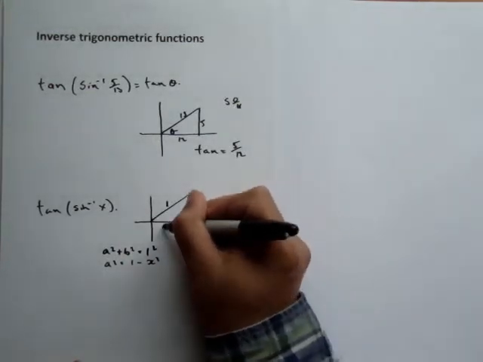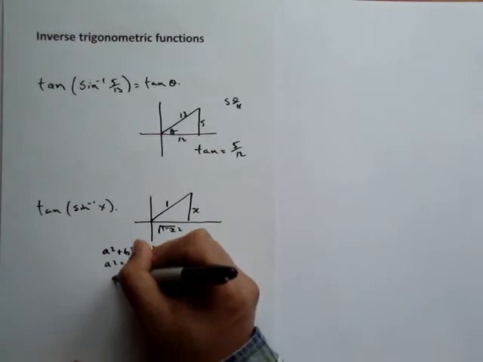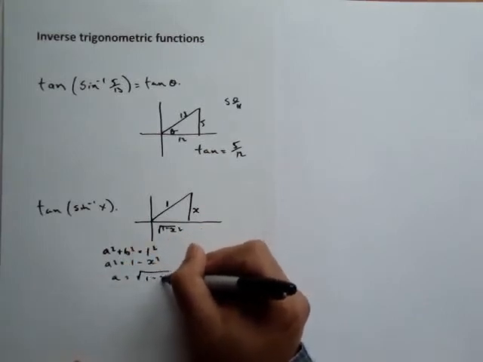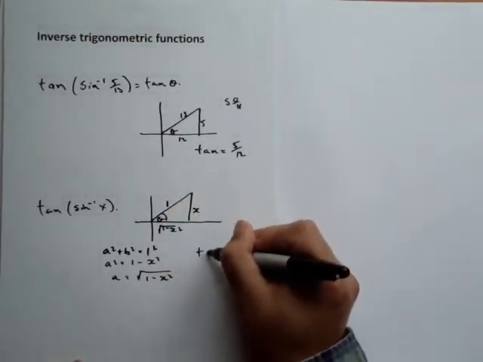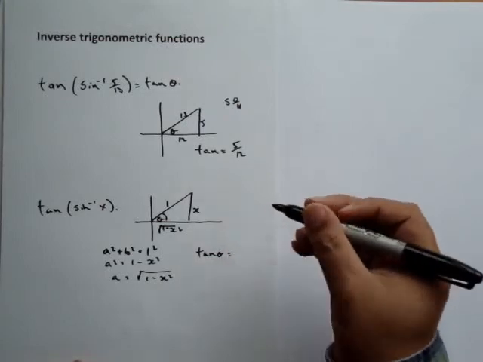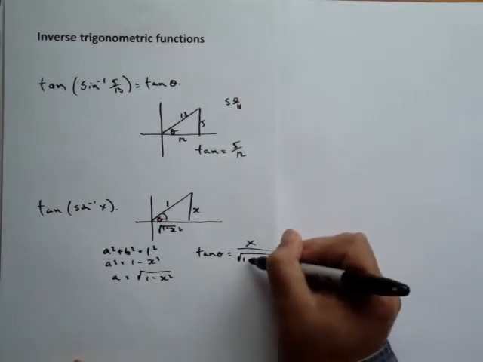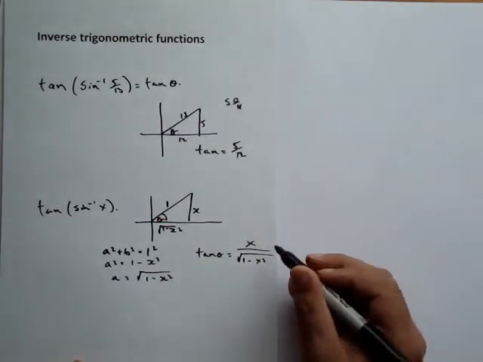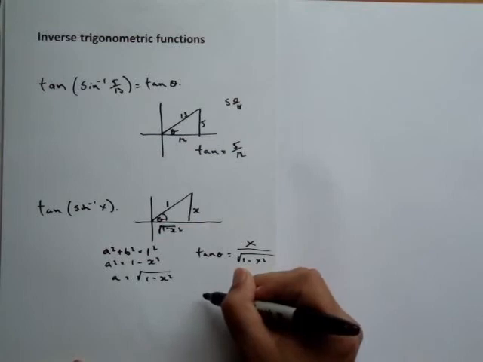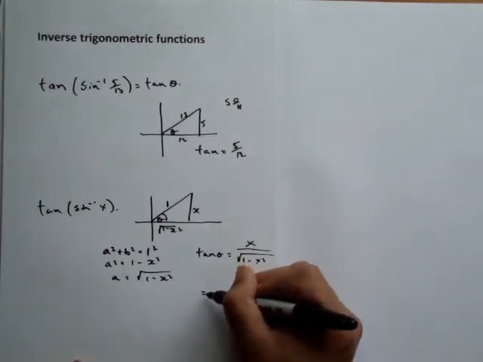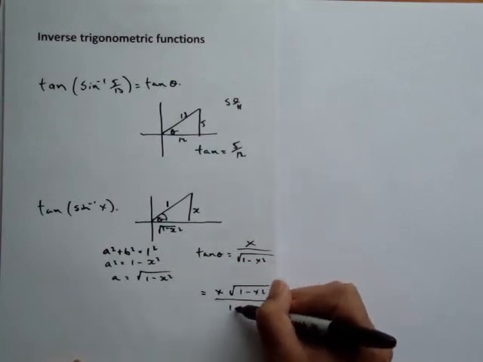So if we call this x, this becomes square root of 1 minus x squared, as a equals square root of 1 minus x squared. So our tan theta is x all over square root of 1 minus x squared. We can rationalize the denominator and we get x root 1 minus x squared all over 1 minus x squared.